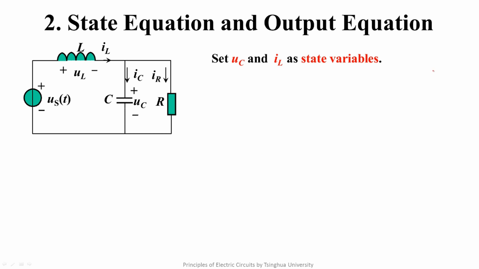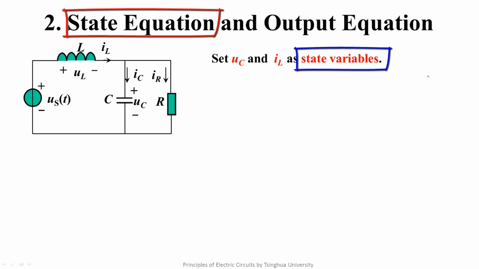We have implied at that time that in fact the transition process in the time domain of dynamic circuits is determined by the change of UC and IL. Or more directly, it's determined by the change of the electric field energy on capacitors or the magnetic energy on inductors. So we choose UC and IL as the expression of the circuit state, which is appropriate.